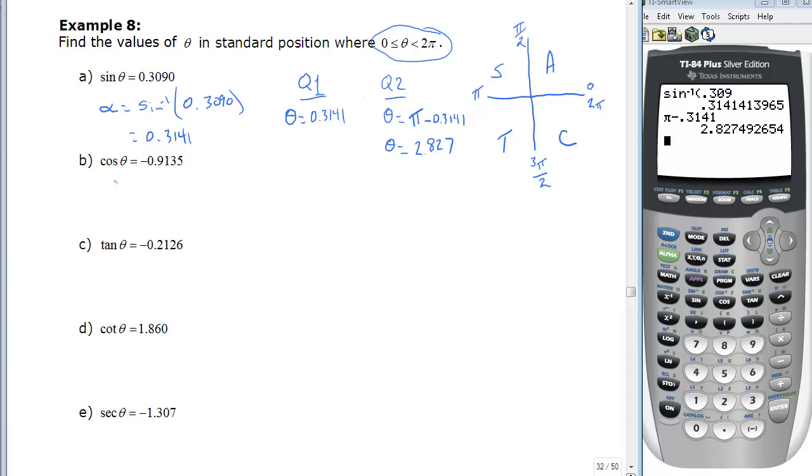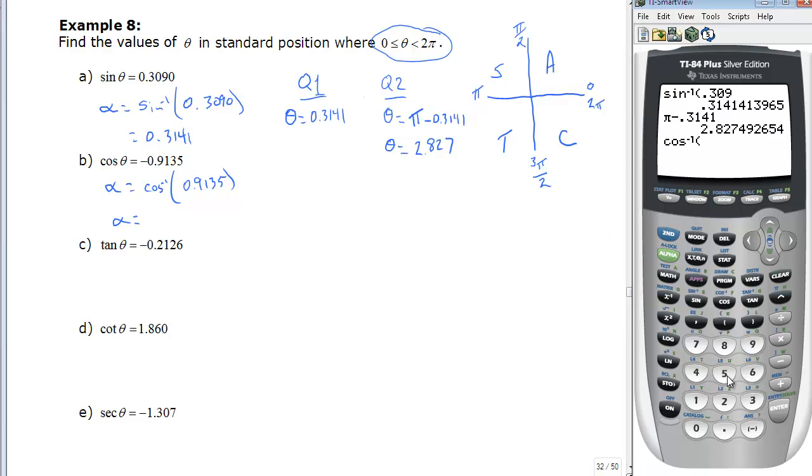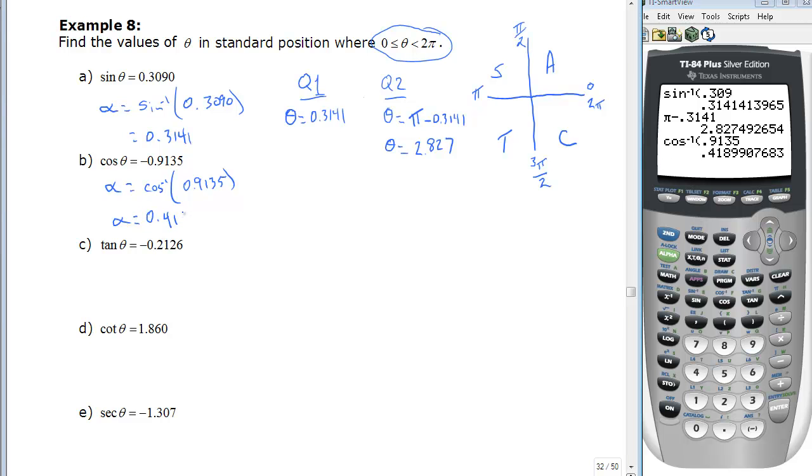So for the following examples, B, we have the reference angle as inverse cosine. We ignore the negative, same as before, to force the calculator to tell us the reference angle in quadrant 1. So cosine inverse of 0.9135 tells us we have 0.4190, rounded to 4 significant digits.